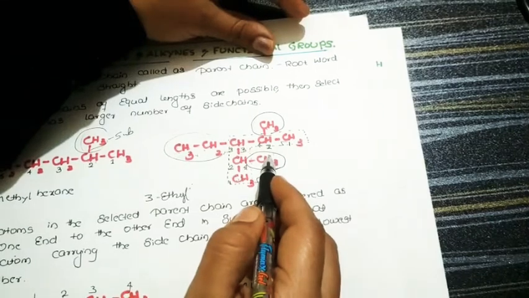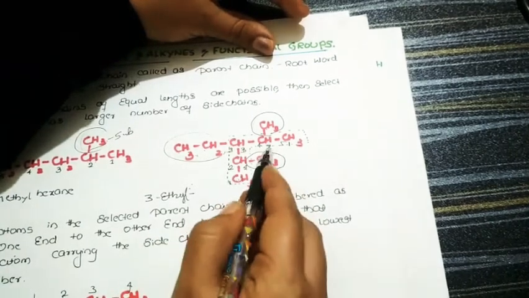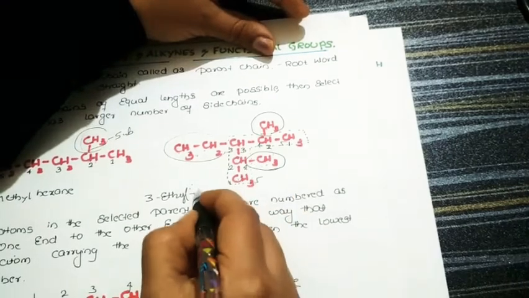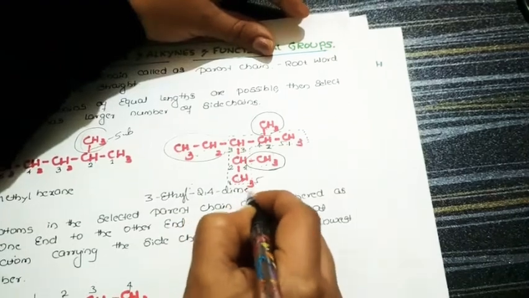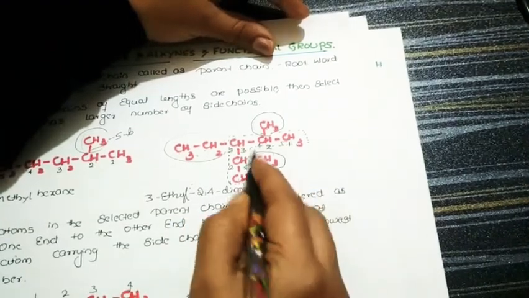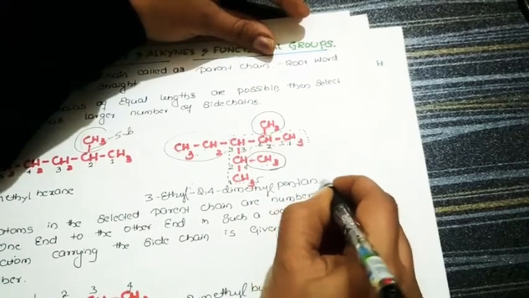Identical groups are there, means we use the prefix di, tri. So write the position first, that is 2, 4, dimethyl, and root word is, since single bond is there, pentane.